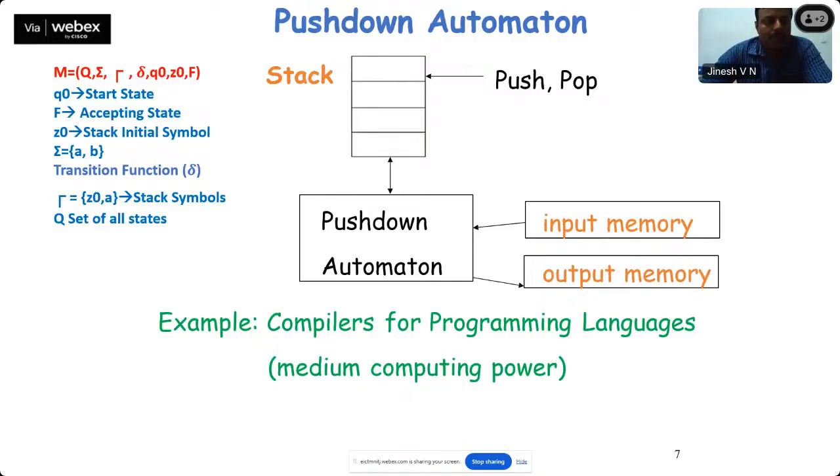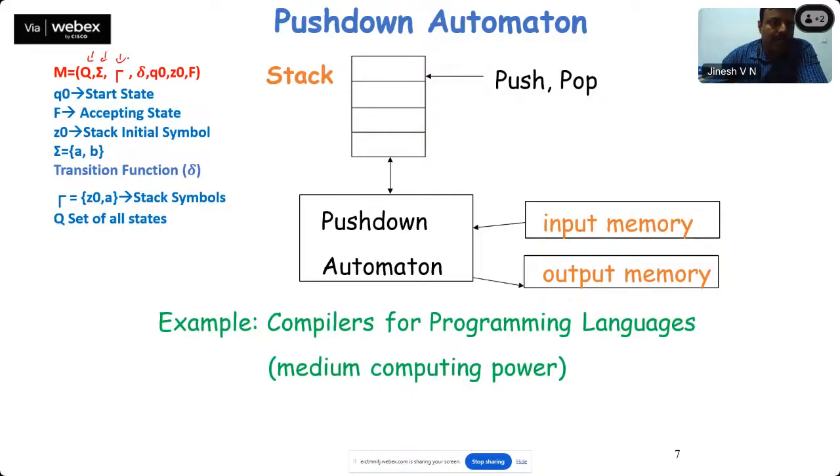Here, in the representation, we can see a total of 7 components. That is Q, the set of states, same as the previous example. What are the states we are using to represent the machine? All the states together we represent as capital Q. Then sigma, the input symbols or alphabet in the language of the machine.